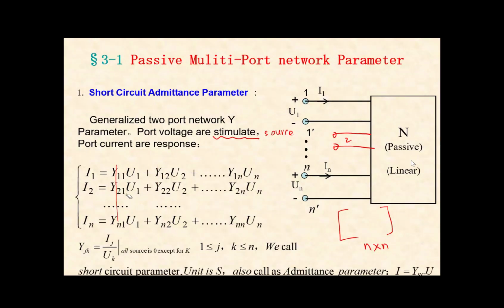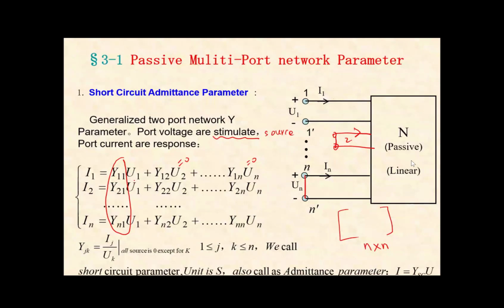How to find this Y parameter? The method is, at first, assume all sources are 0 except for the K-th. For example, when we try to calculate Y11 to YN1, we assume U2 is 0, UN is 0. So all these points should be connected. Then we calculate I1, I2, and IN.